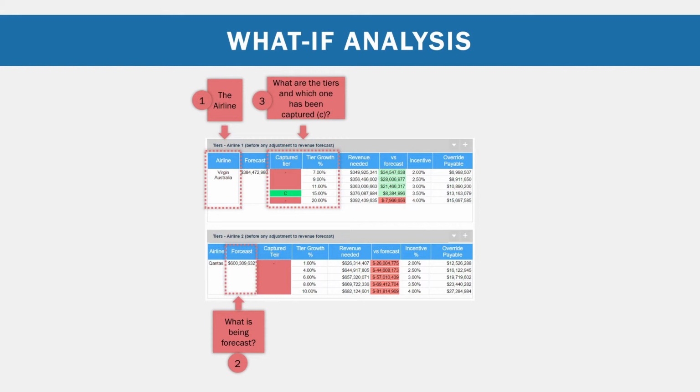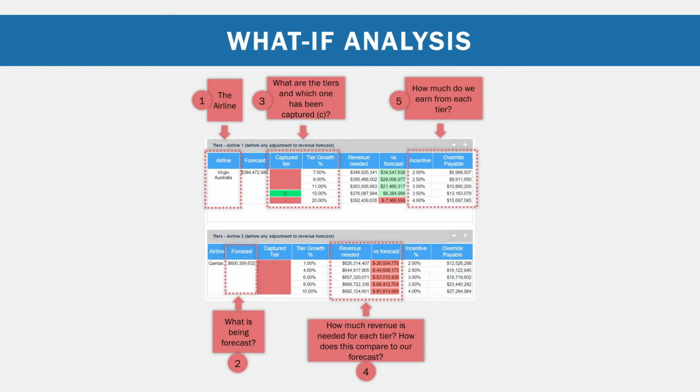The third represents the different revenue tiers that can be captured. So what this is telling us is for Virgin at the top, we've actually hit a tier, so we've got a 15% growth tier, whereas for Qantas we haven't captured any tiers. Then to the right is the revenue that's needed in each tier, followed by how much is actually earned from each tier.